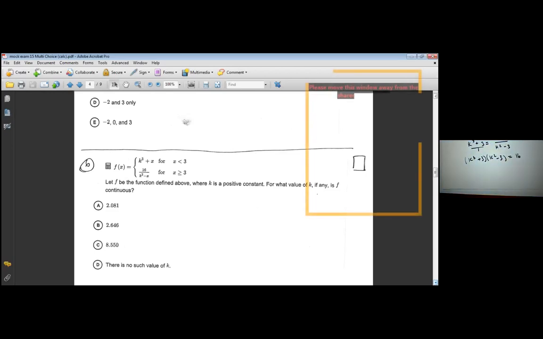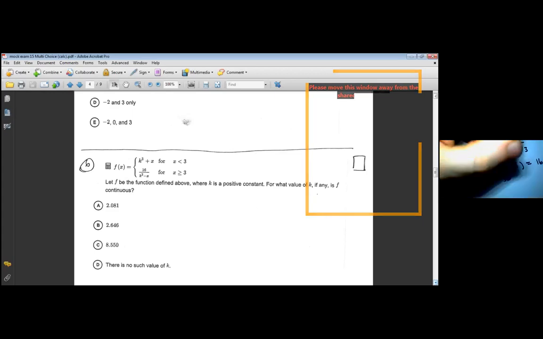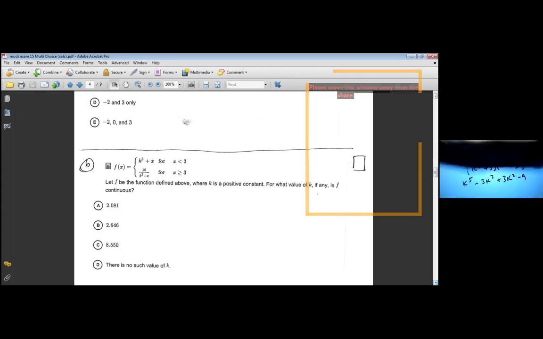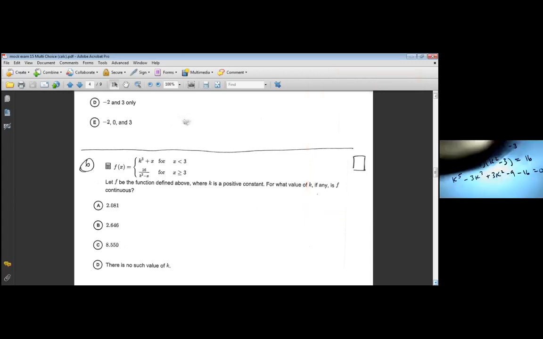To solve this, this is a FOIL of some sort. See what you get when you FOIL this. First times first is K to the 5th. The outer is minus 3K to the 3rd plus 3K squared minus 9. I'm going to bring this 16 over and make it minus 16 is equal to 0.